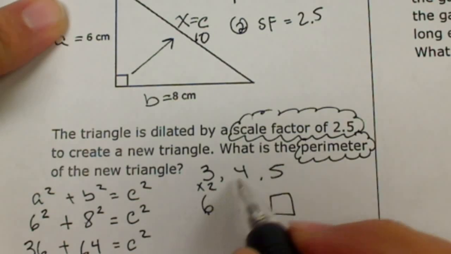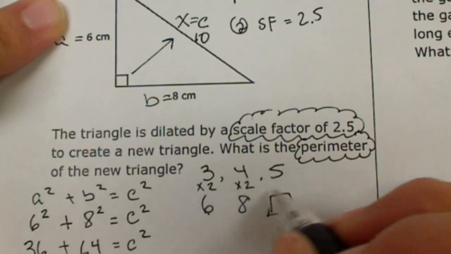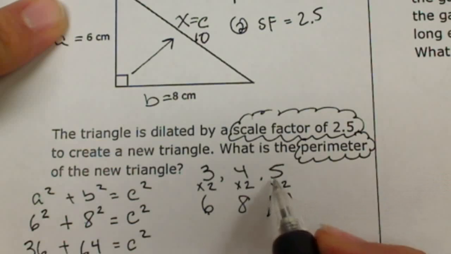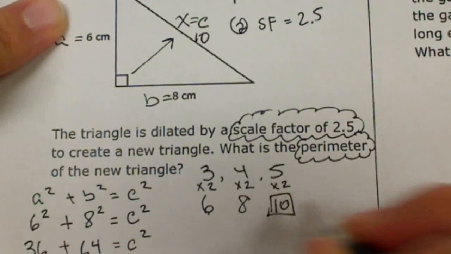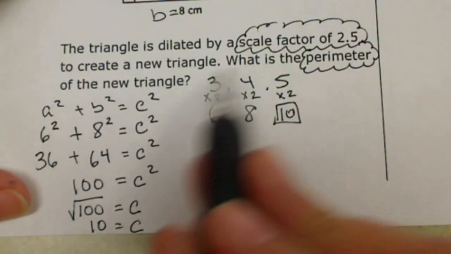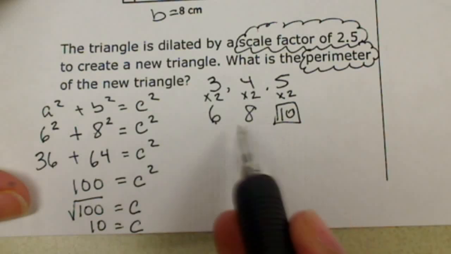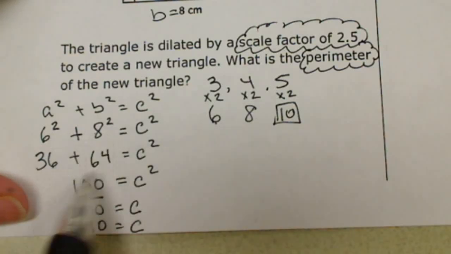Can I use that same number and apply it to 4 to get 8? Well, 4 times 2 does equal 8. So that means I can use that same number for the hypotenuse side. So 5 times 2 equals 10, which is what we calculated for our hypotenuse. So this is a shortcut using the Pythagorean theorem triples and scaling it up. And this is another way, by using the actual Pythagorean theorem formula.